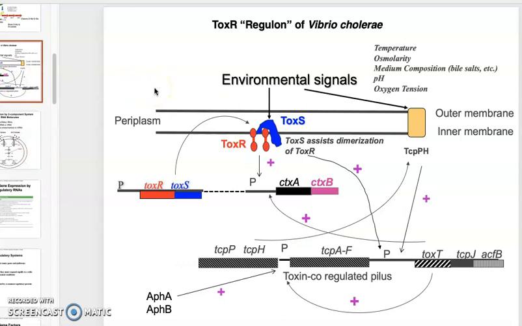I'll look at the ToxR regulon, and so I wanted to zoom out a little bit. You already understand, hopefully, the concept of an operon, in which you have, here's a mini operon right here, a single promoter that regulates expression of 2 or more genes.